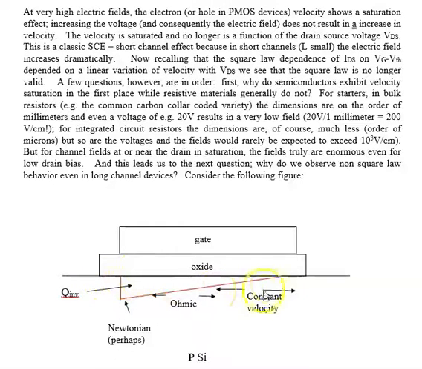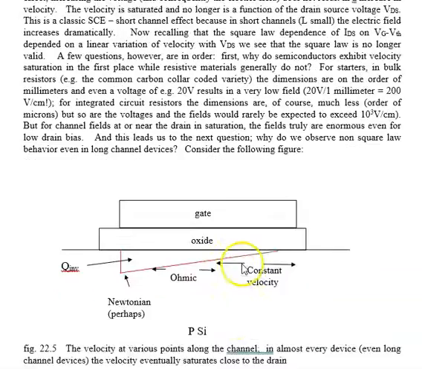But it really occurs to a certain extent even in longer channels. And in fact, I believe that square law has never been observed practically because you're always operating in saturation. So some part of the channel is always pinched off.